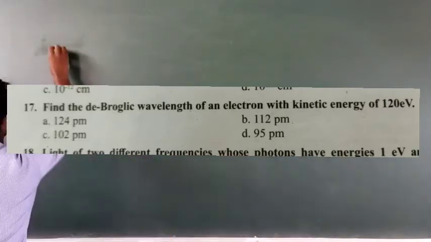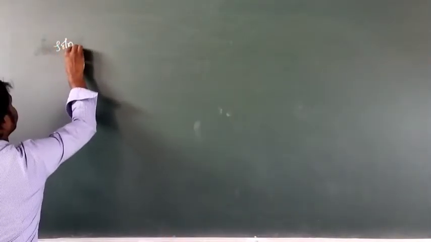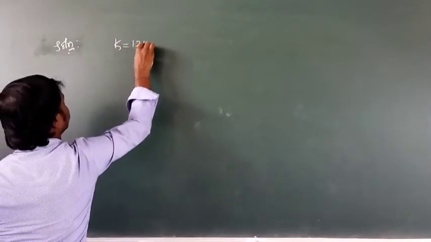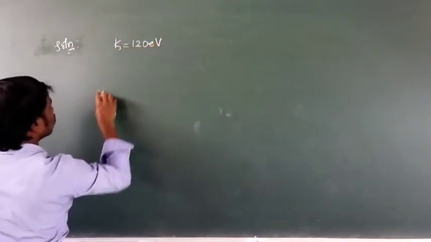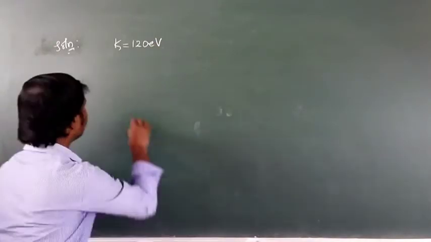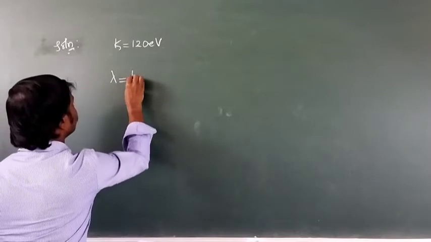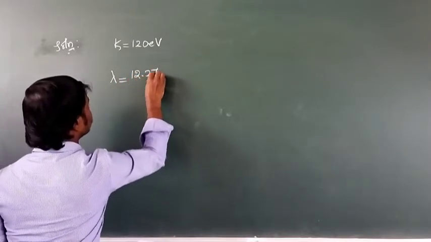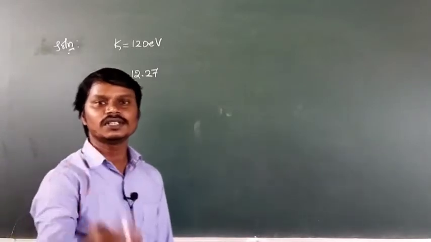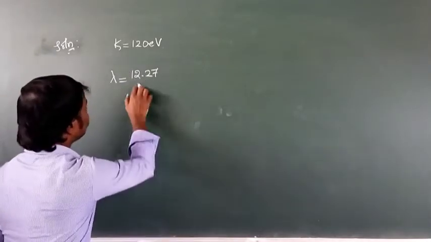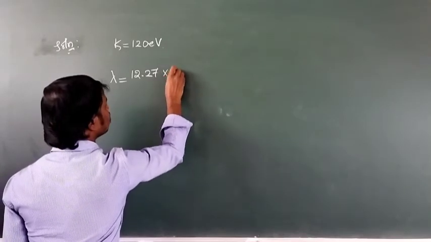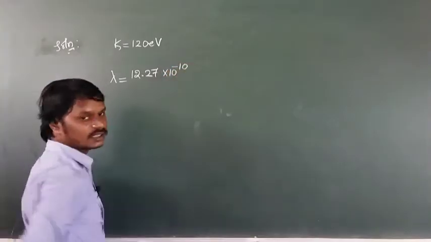See the solution. The kinetic energy given is 120 electron volt. We have to find the de Broglie wavelength of the electron. So lambda is equal to 12.27, as I already said how to find the de Broglie wavelength of the electron, and this is in terms of angstrom. Angstrom is 10 to the power of minus 10 meter.